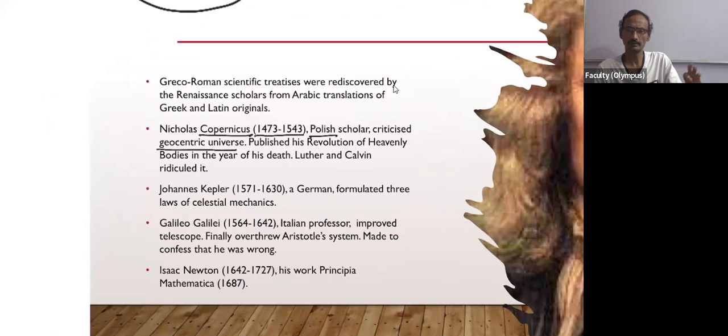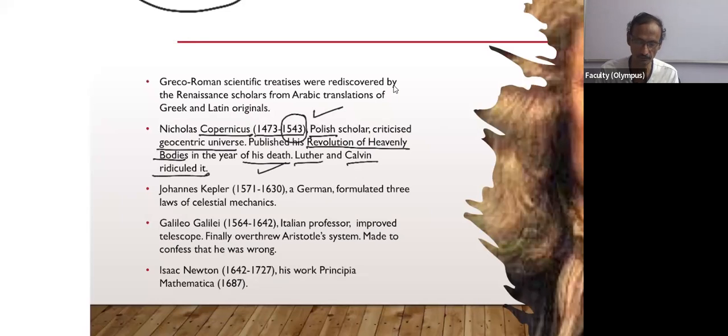Bible believed that the earth was at the center of the universe, and this man published his Revolution of Heavenly Bodies in the year of his death, 1543. He knew this before, but he didn't want to criticize the church, and so he was cautious enough to publish in the end, near his death. And it was such a radical idea that even reformists like Luther and Calvin ridiculed the idea.